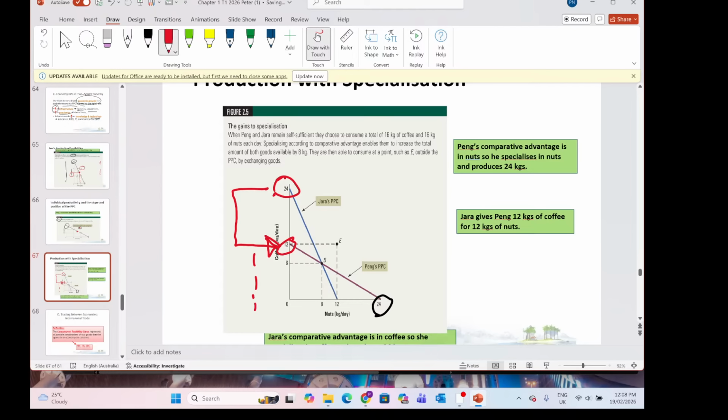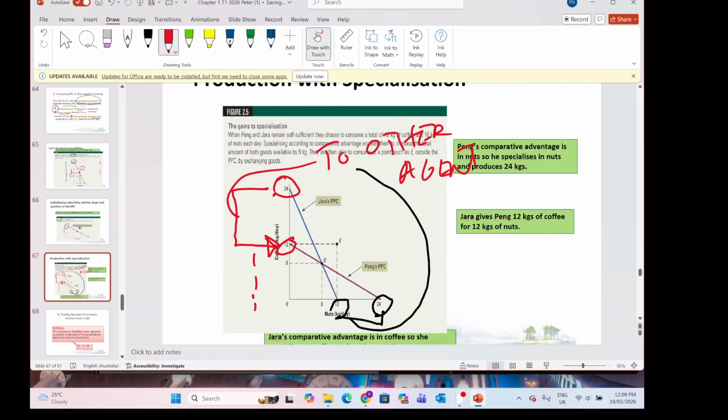And then Peng says, okay, yes, you give me. We'll call that exports. And then the other guy produces all nuts, and he says, I'm going to produce 24 units of nuts, but I'm going to keep 12. And he gives them to the other party, to the other agent.